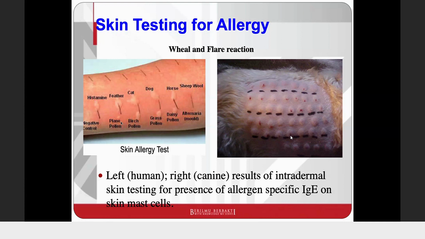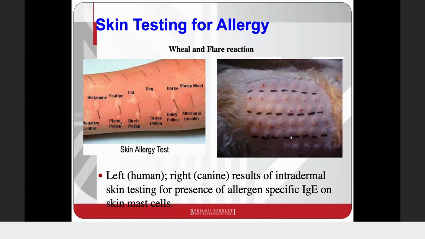Other than intradermal skin testing, you can also perform ELISA. ELISA means you take the serum and then measure the IgE. The thing about ELISA is that the IgE half-life in the serum is short, only a few hours, 3 to 5 hours. So let's say the animals are introduced to the allergen.